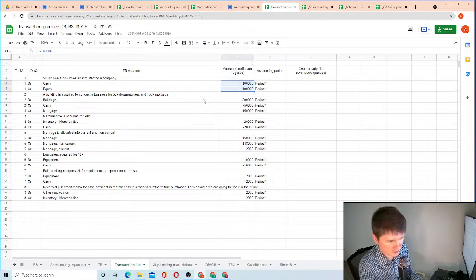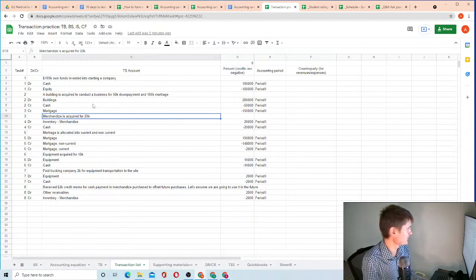Let me know if you need a few minutes to read the transactions. Let's say you can read the first 3 transactions, because we will discuss the accounting equation, and we will come back to transactions in just a few moments.